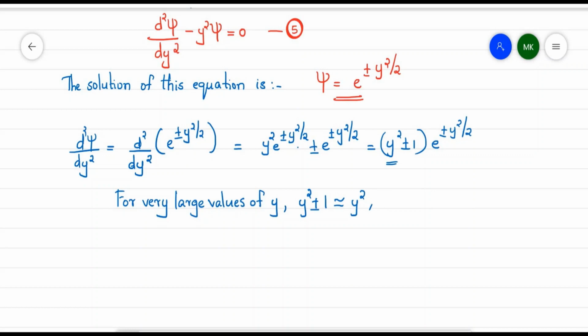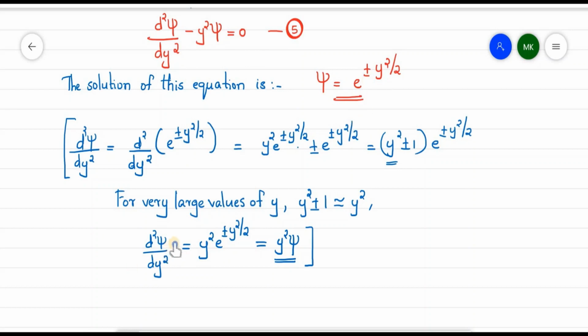So we can write d square xi by dy square equals y square e raised to plus or minus y square by 2, which is equal to y square xi. So thus we can prove that the solution of this equation d square xi by dy square minus y square xi equals 0 is xi equals e raised to plus or minus y square by 2.